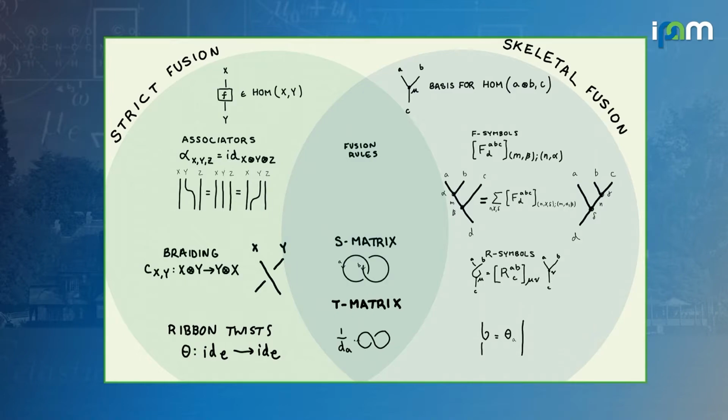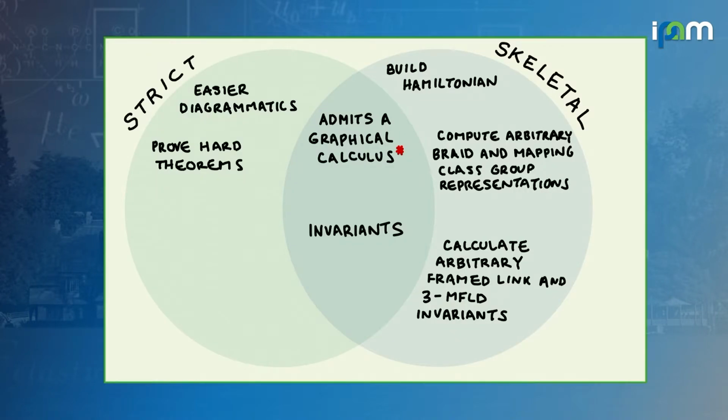Okay. So when might you want to use one of these tools rather than the other? Well, if you want to write down a Hamiltonian, compute some braid or mapping class group representation, figure out what kinds of quantum gates you can build from braiding your anyons, or make some kind of protocol, then it's going to be really helpful to work with skeletal data, or algebraic data as you'll sometimes hear it called.